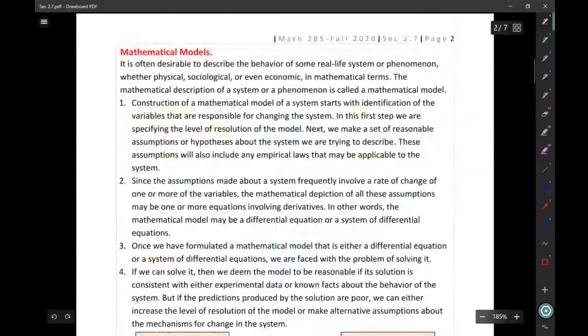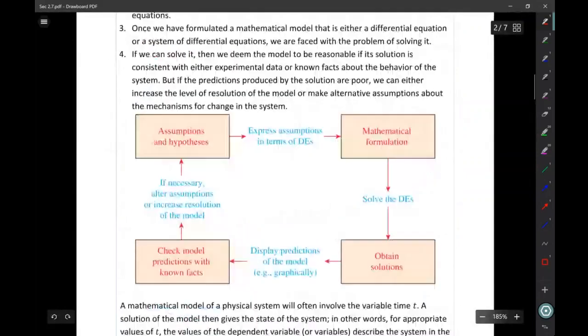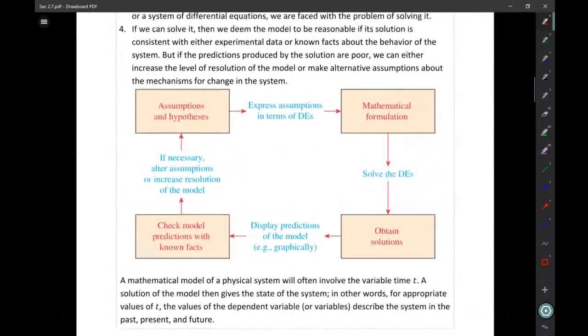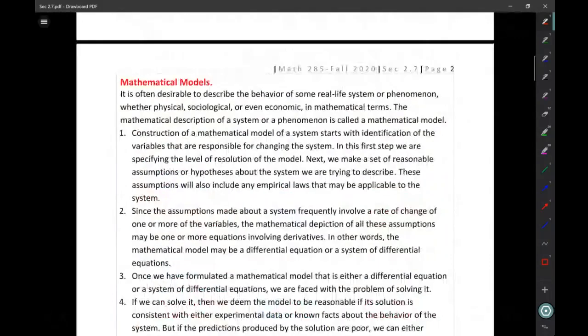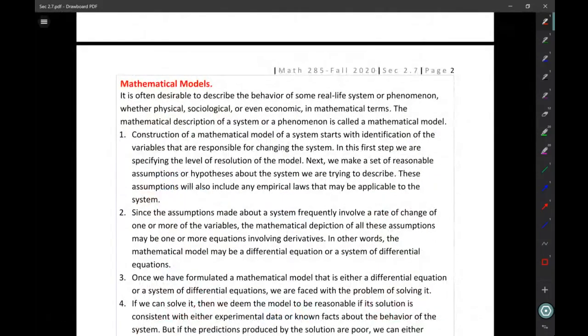But before we start, you have to understand that the differential equation branch of mathematics was created to serve the physicians who were facing a problem.